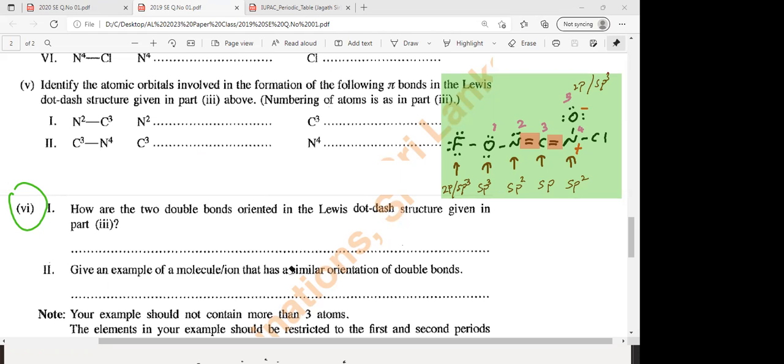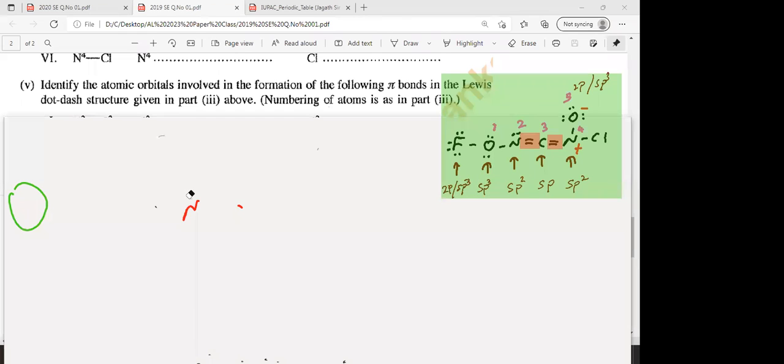Wait, I'll draw it and show you, then you'll understand. And this nitrogen: when the pi bond is formed, the sp2 hybrid orbital is like this. So this is nitrogen, and sigma bond by linear overlapping. What is this? sp.